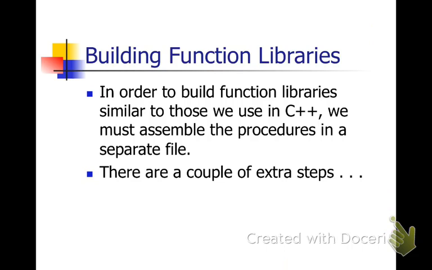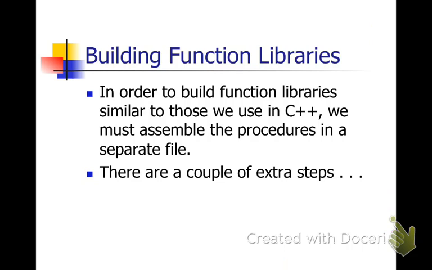And then we've got to let the calling program know the necessary information about the external procedures. And then we've got to link the object files together to get an executable program. Now, that last part is something that we have been letting C++ handle for us. We'll continue to do that. I may show you how to do that at the command line, but we'll see how fast we go here.